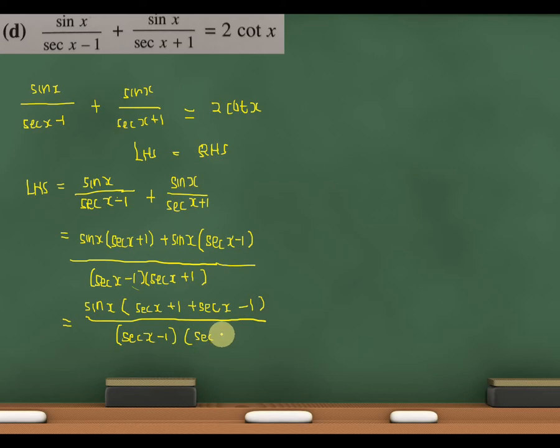Okay, the bottom part, why did I not change to a square minus b square is because, again, I want to leave it in the factor form so that I can reduce this to a simpler form. Okay, so here you can see that 1 and 1 cancel. Sine x.